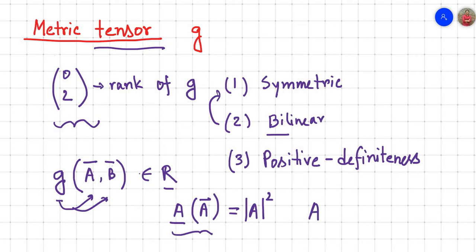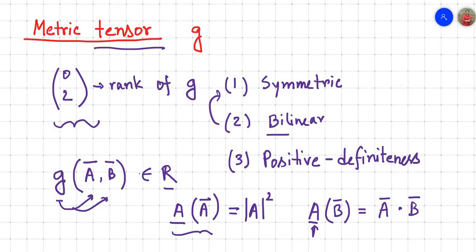For example, it can take another vector and spit out a number, and this number will precisely be the dot product of the vector A, whose dual vector is this A, dot B.